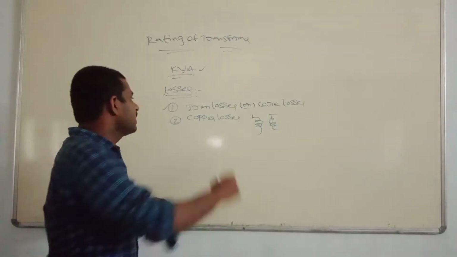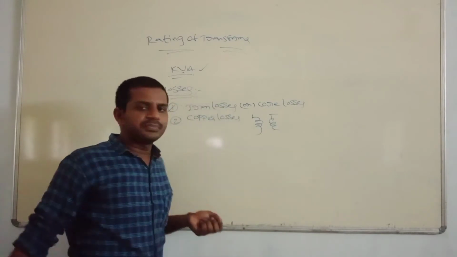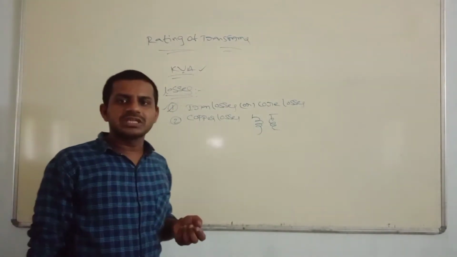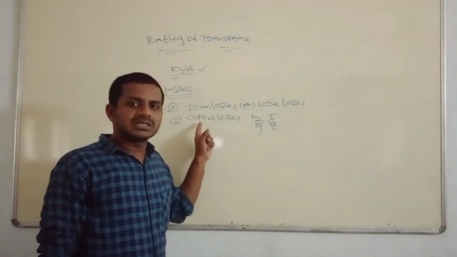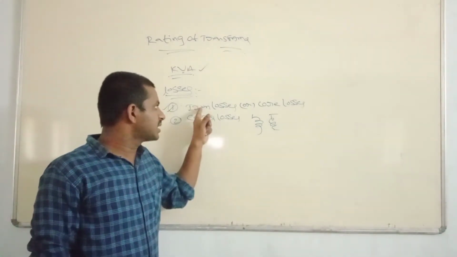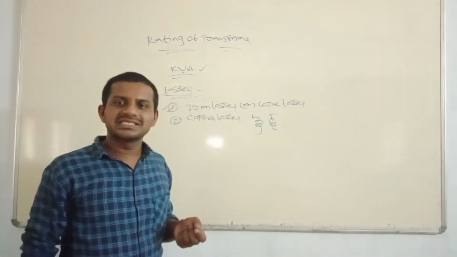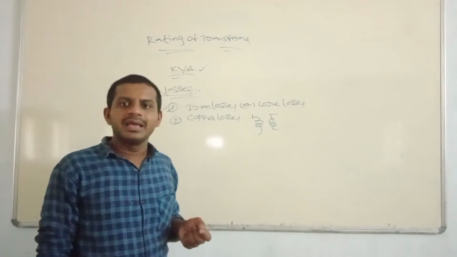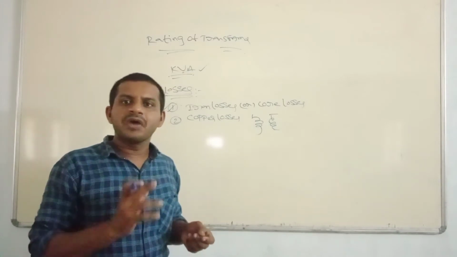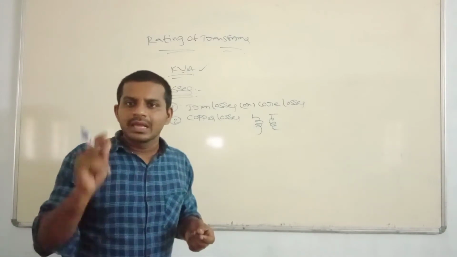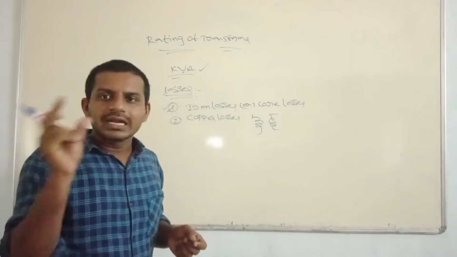Both iron losses and copper losses mostly occur according to the connection of load to the transformer.